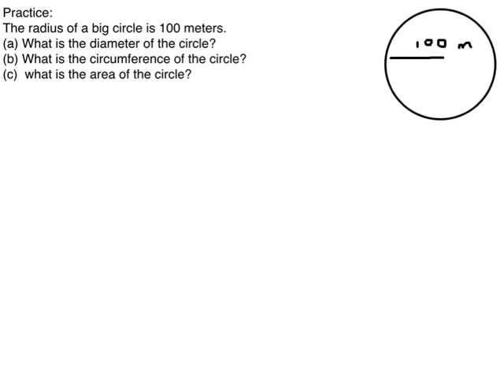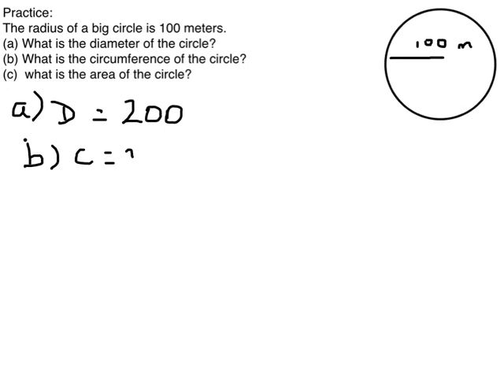Okay, let's do this practice problem real quick. The radius of a big circle is 100 meters. So A, what is the diameter? The diameter is twice the radius. So if the radius is 100, the diameter is 200. Alright, what is the circumference of the circle?